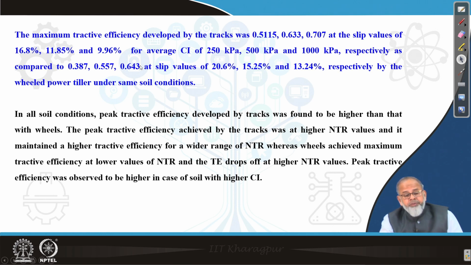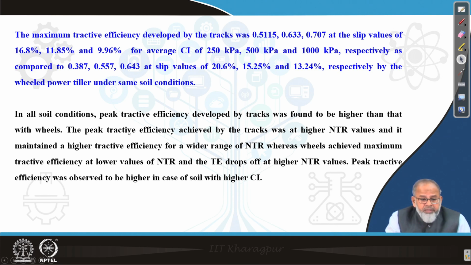And the slip at which the tractive efficiency were obtained for wheels is around 20.6%, 15.25% and 13.24%. In all soil conditions, the peak tractive efficiency developed by tracks was found to be higher than that with wheels.